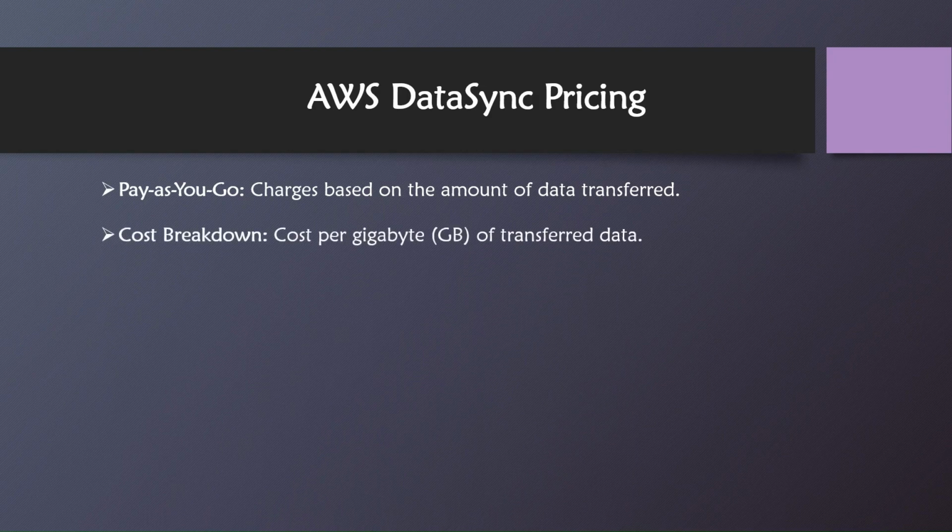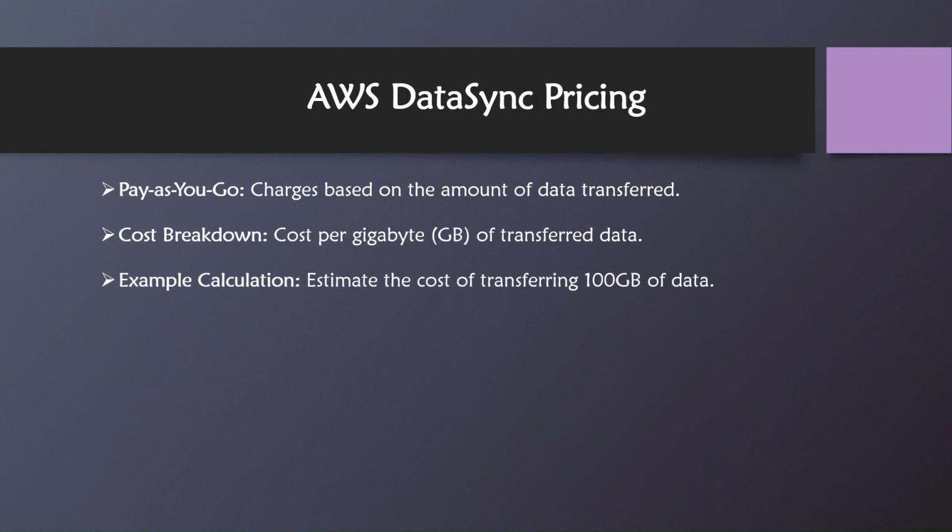Breakdown. The cost is typically calculated per gigabyte (GB) of data transferred. Prices vary depending on the AWS region where the service is used as well as the storage destination. Example calculation: if the cost of transferring data is $0.0125 per GB and you are transferring 100 GB of data, the cost would be calculated as $1.25.